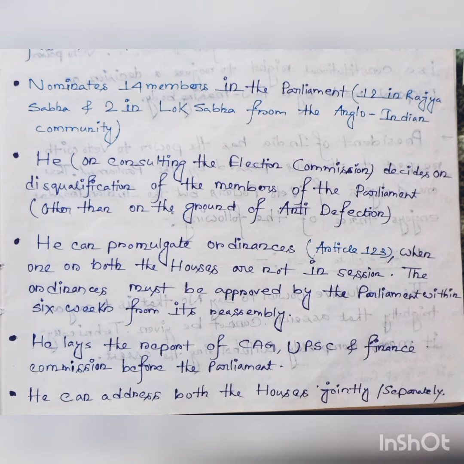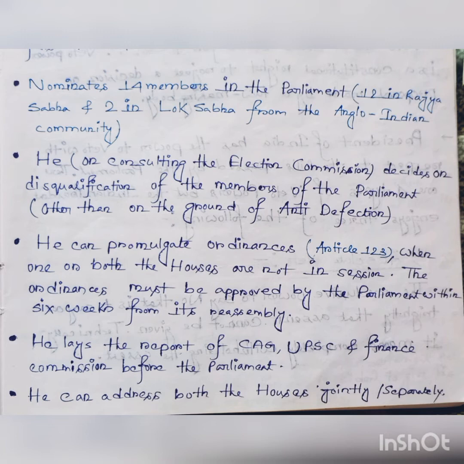Next point, he nominates 14 members in the Parliament, 12 in the Rajya Sabha and 2 in the Lok Sabha from the Anglo-Indian community. Next point, on consulting the Election Commission, he decides on the disqualification of members of the Parliament other than on the grounds of the anti-defection law.